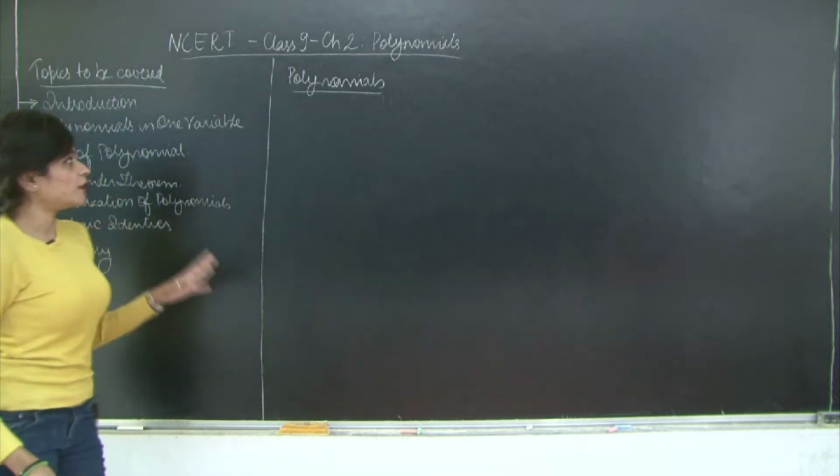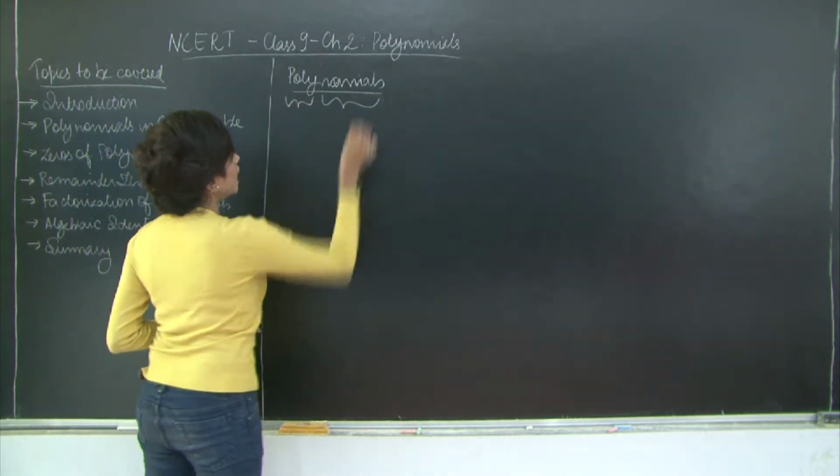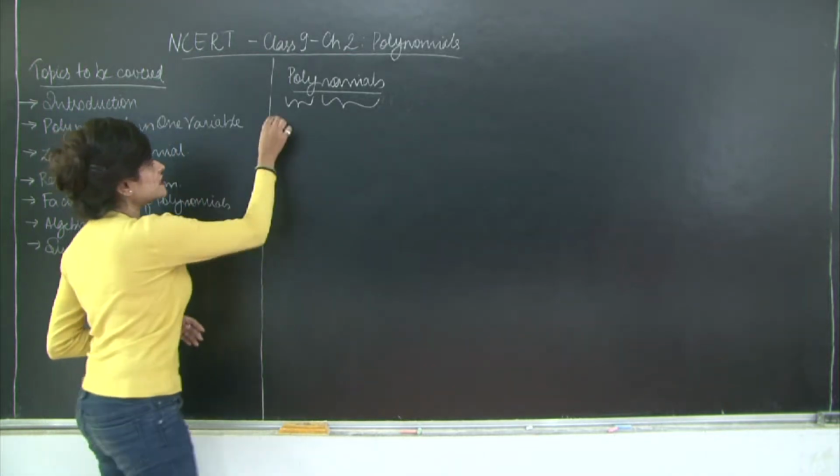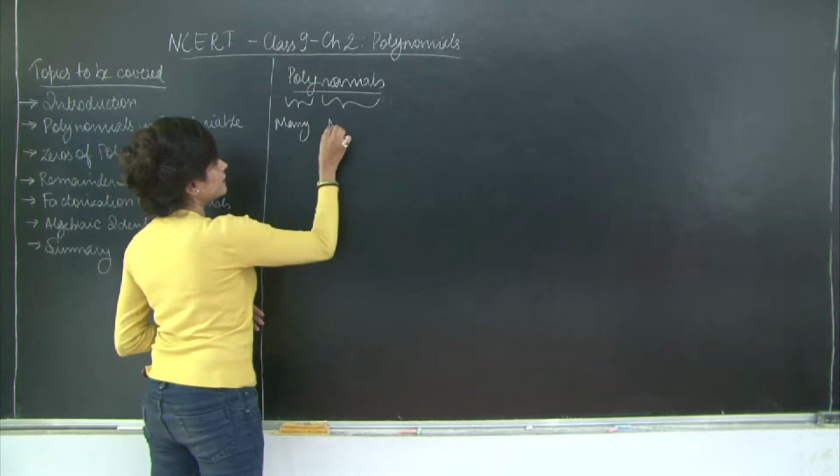So now this term polynomial is derived from two other terms. One is poly and the other one is nomials. Poly means many and nomials means number.